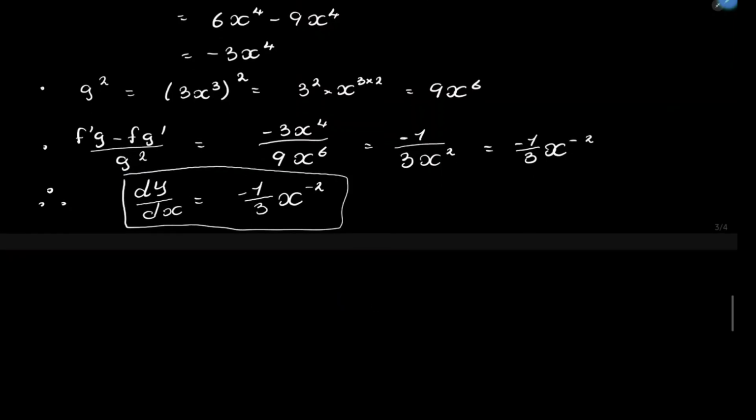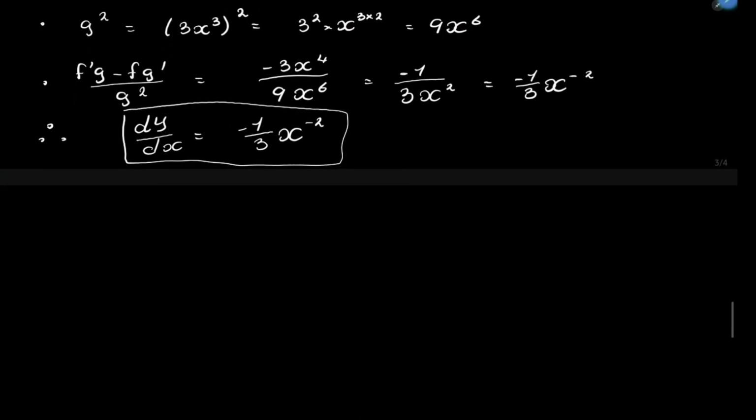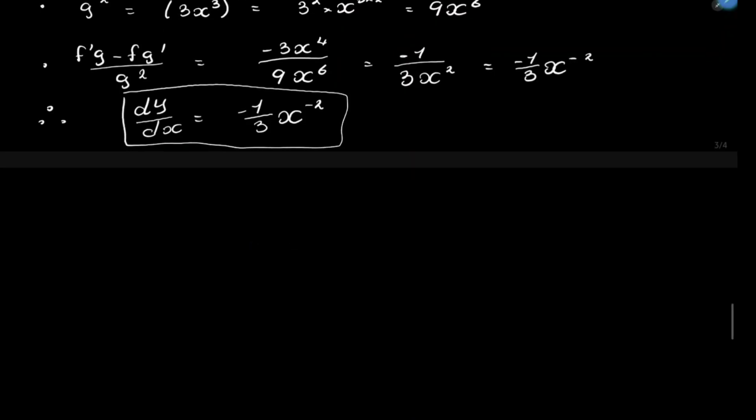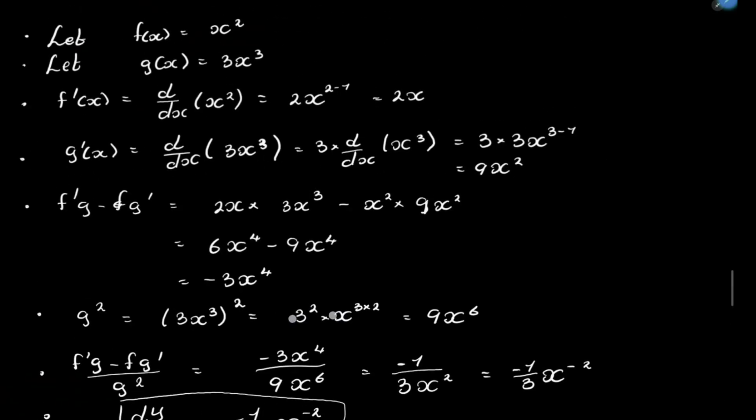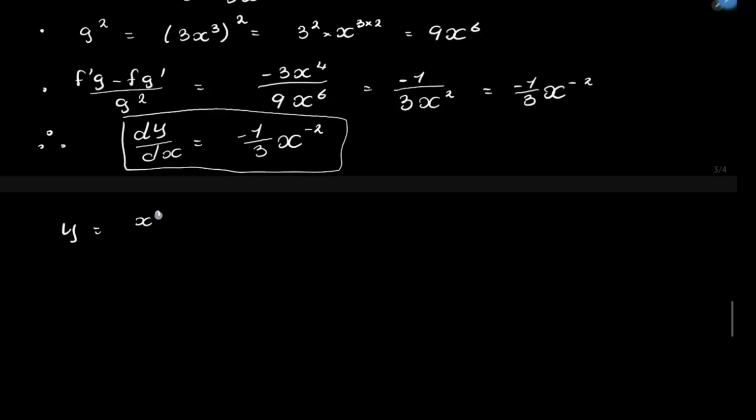This is a simple case where the quotient rule gives a clean result. You could also simplify this first, but the quotient rule works systematically for any case. If we simplify this, y, which was x squared on 3x cubed, we would have gotten 1/3 x to the negative 1.